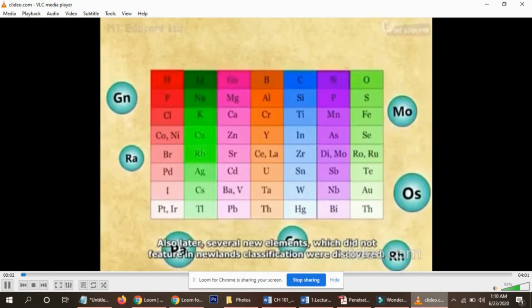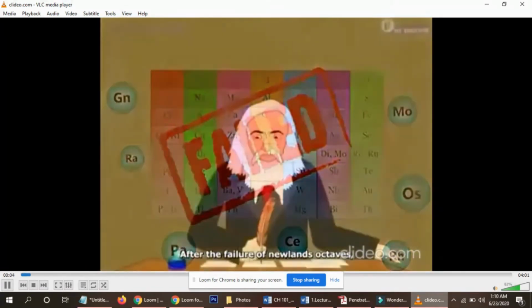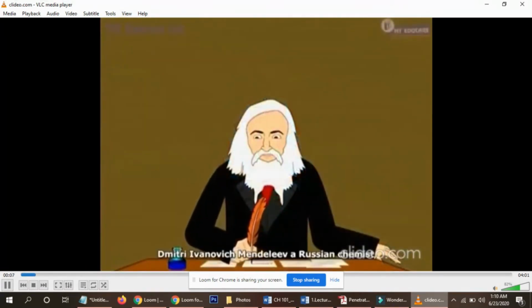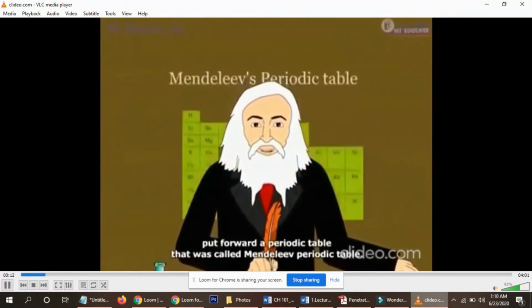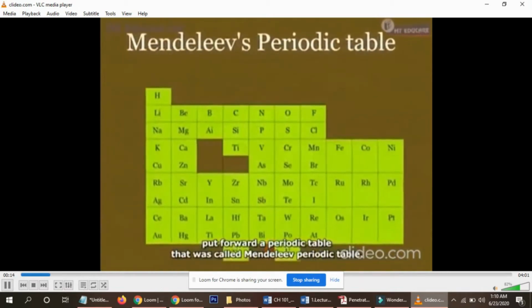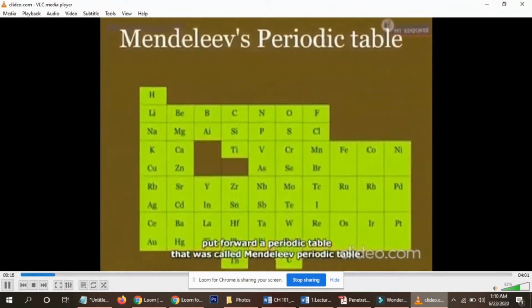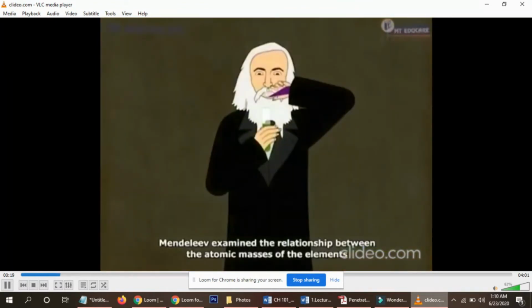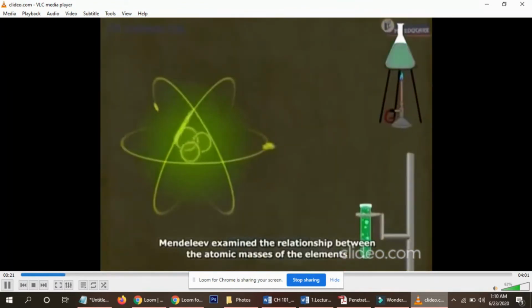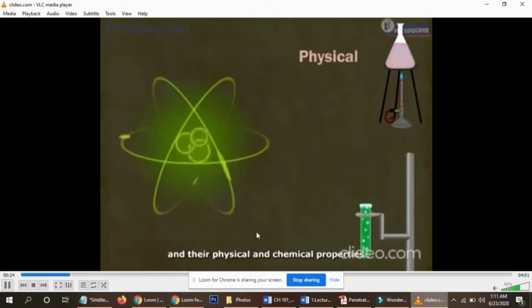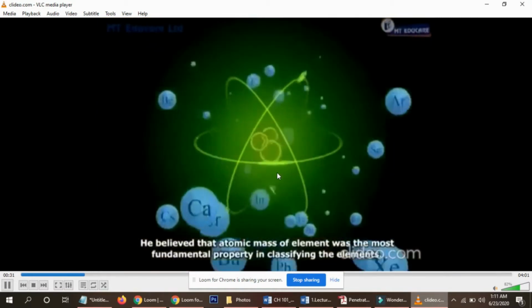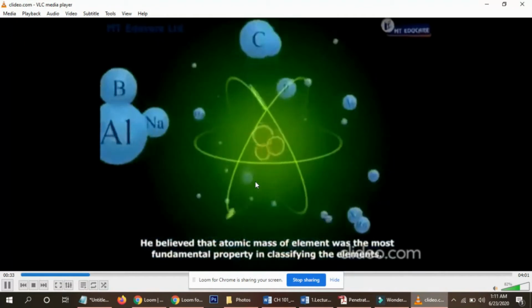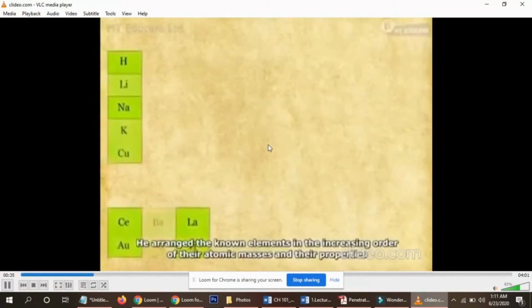So after Newland's failure, Mendeleev, a Russian chemist, discovered a periodic table. He experimented with the elements, and he discovered the relationship between the atomic masses and the physical and chemical properties of elements. After that, he discovered that the fundamental property is related to the atomic mass.